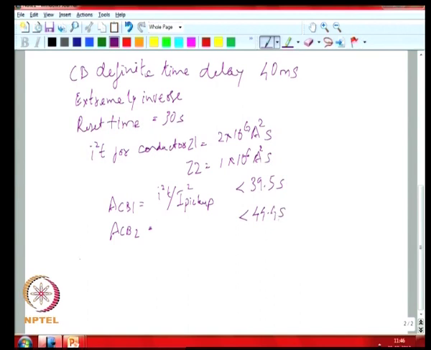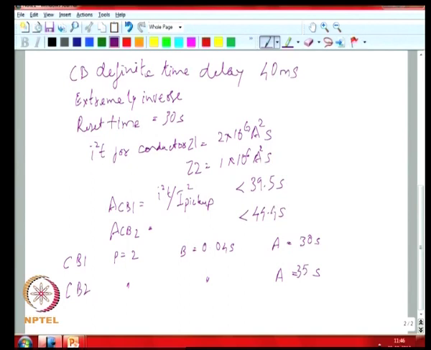We then decided on breakers CB1 and CB2. CB1 has P equal to 2, B equal to 0.04 seconds, and A is 30 seconds, which is less than 39.5. For CB2, P and B are the same, and A you could select to be say 35 seconds, and 35 is less than 44.